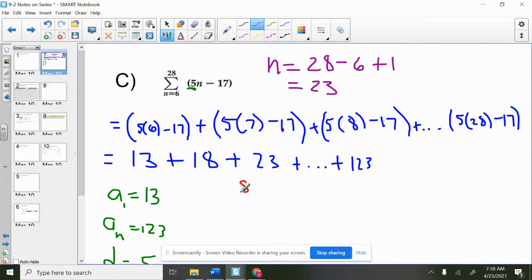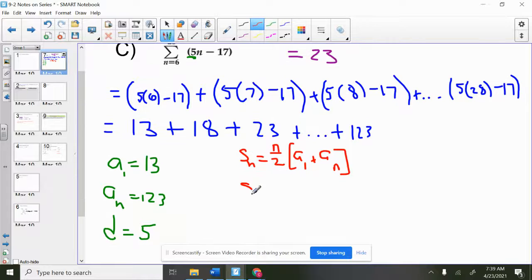So based upon that, we can use our formula now. I know that S sub n equals n divided by 2, and then we add a sub 1 plus a sub n. So for us right now, I'm going to find the first 23 terms. That'll give me 23 over 2. My first term was 13, and then my last term we said was 123. So I just plug it in where I want to.